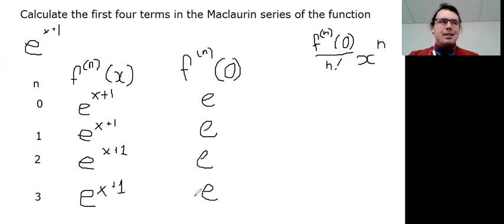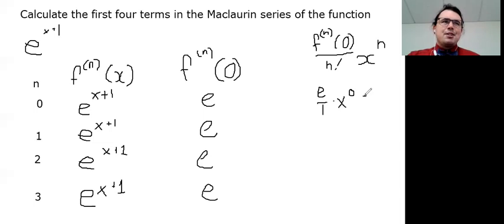Now I'm going to take these numbers and find the terms in my Maclaurin series. Again, I'm just looking for the first 4. This is just an exercise. So the number 0 term in the Maclaurin series has a numerator e and denominator 1 times x to the power 0.